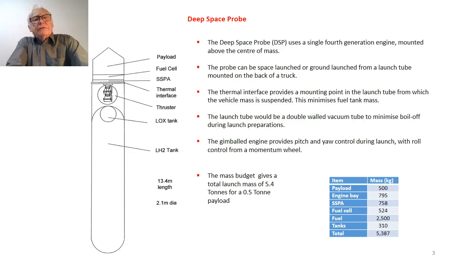In this launch configuration, once the launch tube is raised to the vertical position, the probe itself is effectively hanging from the thermal interface at the end of the launch tube.